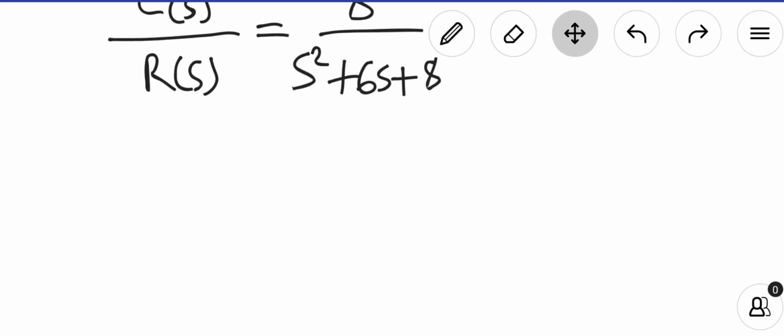Now we can also continue because this transfer function is in the standard form, and we are asked to find the output C naught of t when the system is subjected to 2 units input.